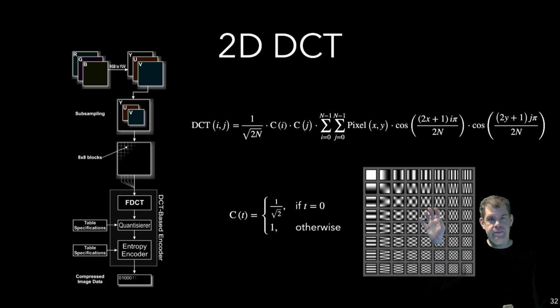So instead of having 64 brightness values, we perform this computation on Y, U, and V separately, so it's all scalar. Okay, so instead of having 64 different brightness values, we now have 64 values that go from low frequency to high frequency. This is varying in x and varying in y, and then we have the whole tensor product.